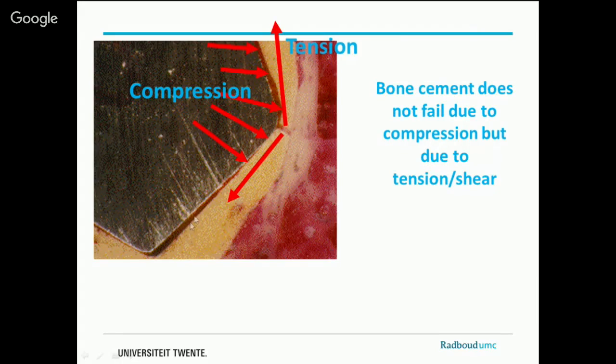And you can imagine that there's also fluid flow from the top to the bottom. So there is a crack, like in my previous picture, at the corner of the stem, and that's not a surprise because the compression generates tension, and then there is a crack.